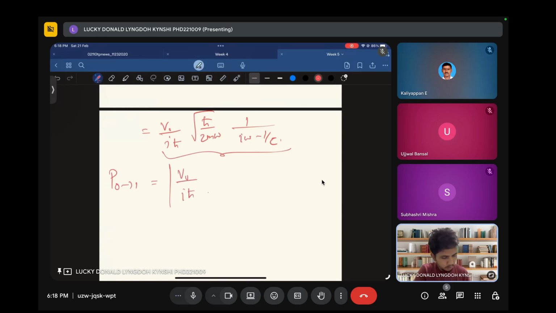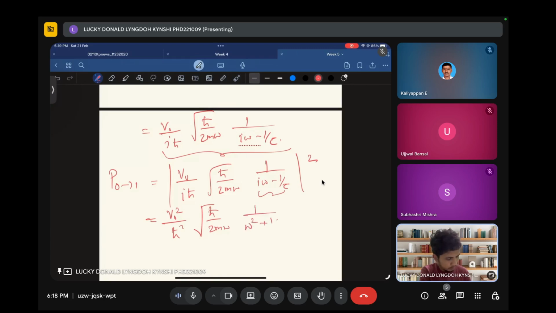It is i h cross by 2m omega times 1 divided by (i omega minus 1 by tau), whole square. So it simply will be v naught square by h cross square, because i square is equal to minus 1, okay, and h cross by 2m omega, and this term is in fact 1 divided by omega square plus 1 by tau square.